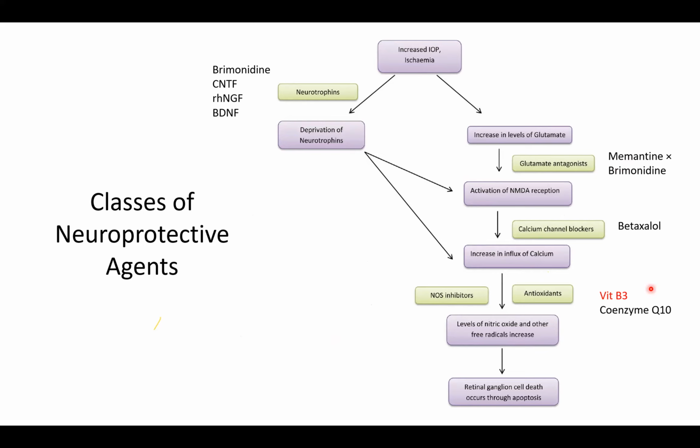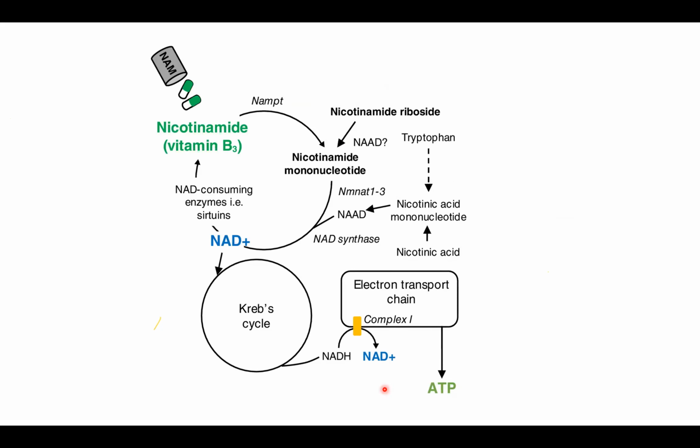If we now move on to looking at vitamin B3, there are several lines of evidence that implicate oxidative stress and mitochondrial dysfunction in aging, but also in retinal ganglion cell loss in glaucoma. NAD is a cofactor in ATP production in the mitochondria, and its role in neurodegenerative diseases is gaining attention.